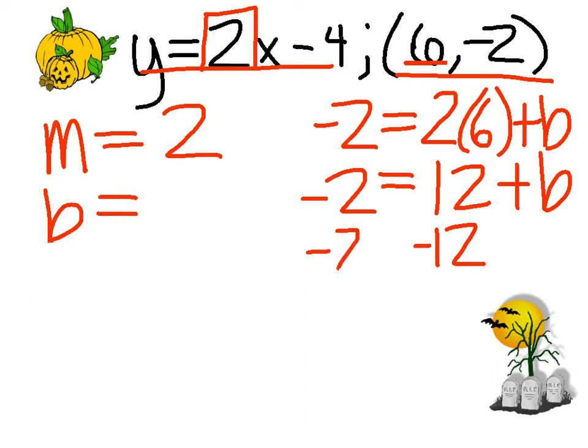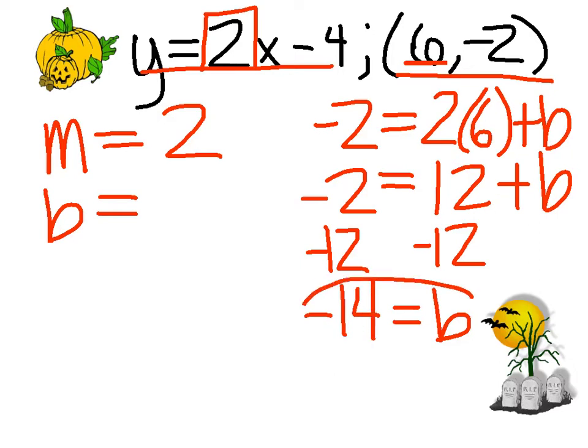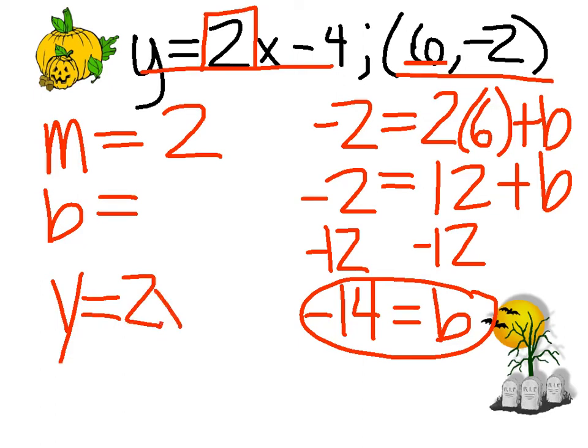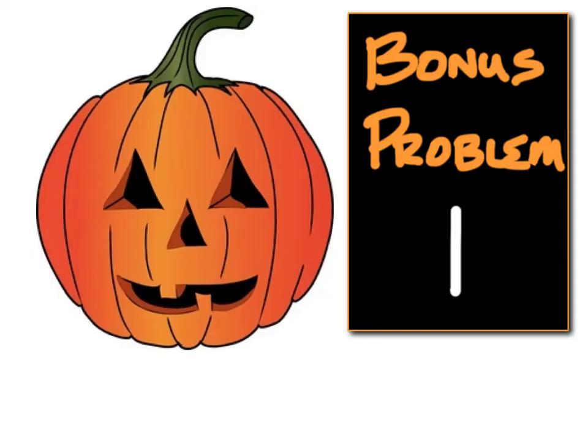We subtract 12 from both sides, and our y-intercept is going to be -14. When we plug this back into our equation, we'll have 2x minus 14 or plus -14. Either one is fine.